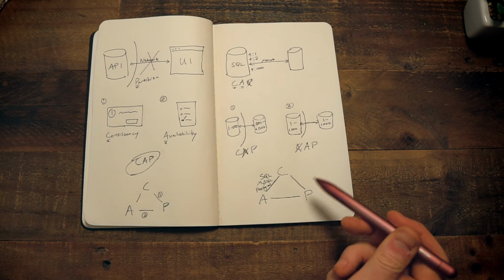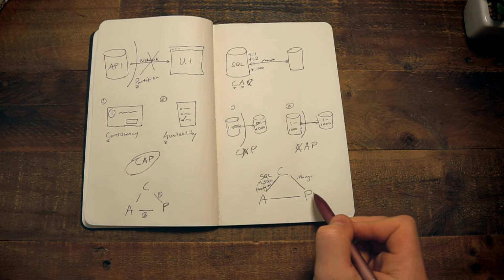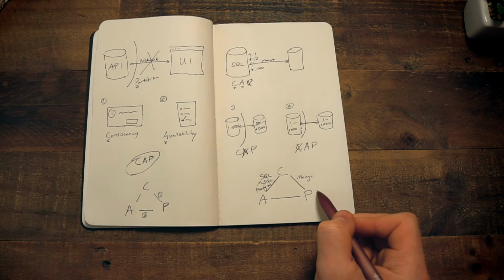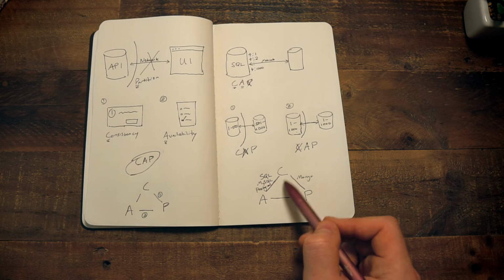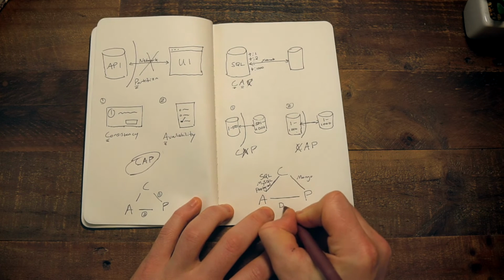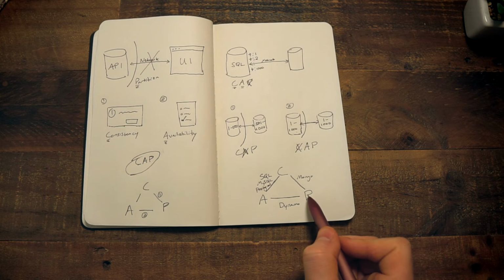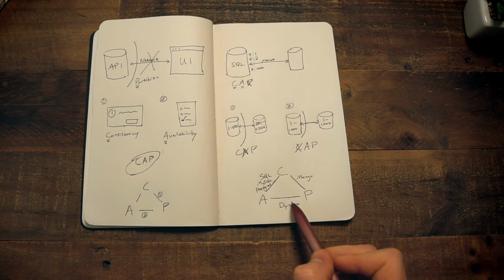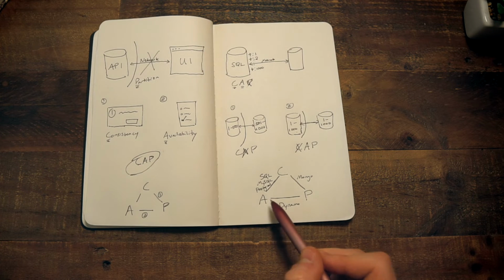Now, NoSQL databases like Mongo are CP systems. They're built to handle partition tolerance kind of by default, and they give you strong consistency while sacrificing some availability. And databases like Dynamo from Amazon are also partition tolerant, kind of by default, but they sacrifice some consistency for the sake of very high availability.